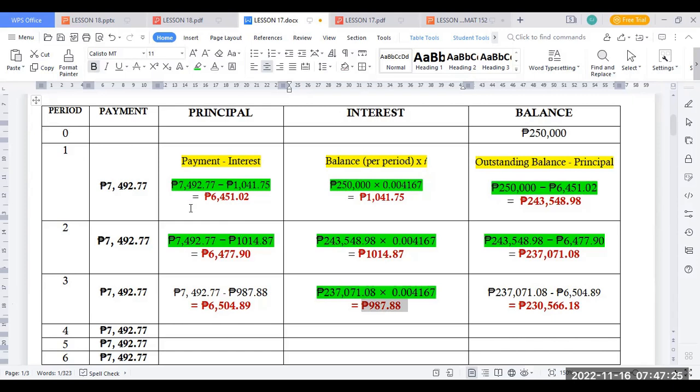Tapos, after ng interest, dun sa principal. Okay, so the monthly payment, 7,492.77 minus the interest na nakuha natin for period 3. That is 987.88. So, that is equal to 6,504.89. Then, compute nyo na si balance.